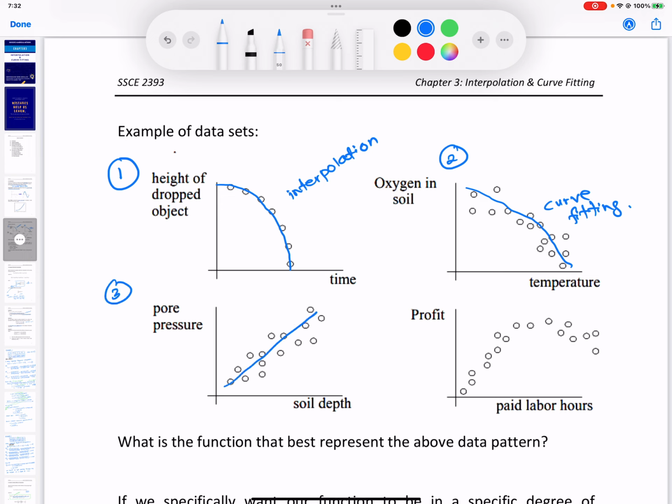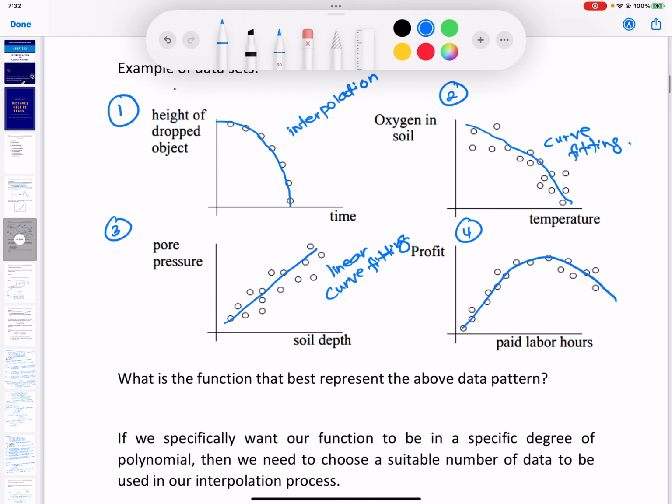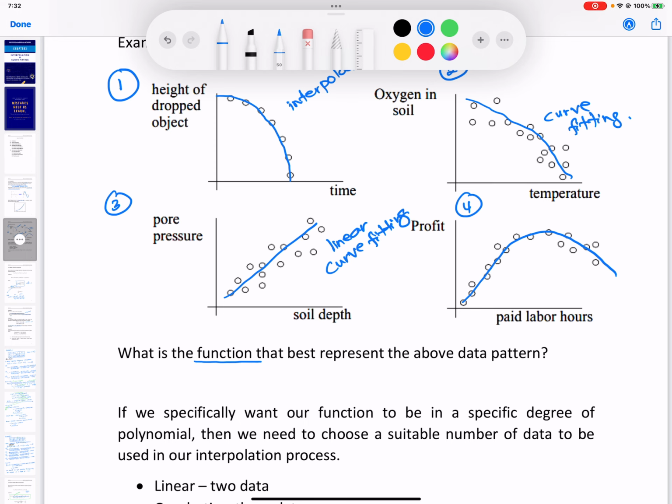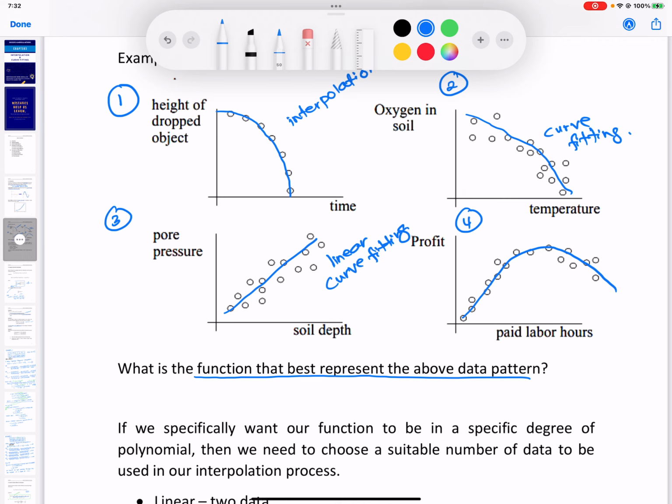Also curve fitting. We use linear curve fitting. And this one, maybe we need to use quadratic curve fitting, for number 4. So what is the function that best represents the above data pattern? Linear curve fitting, this also may be linear, and this one is quadratic. So we will discuss more later in the next videos.